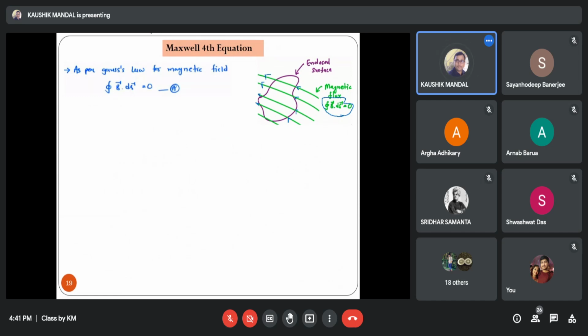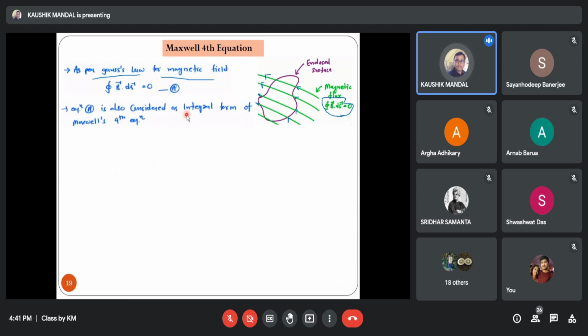This is as per the Gauss's law for magnetic field that we have discussed right now. As per the Gauss's law for magnetic field, the total flux through a closed surface must be 0.